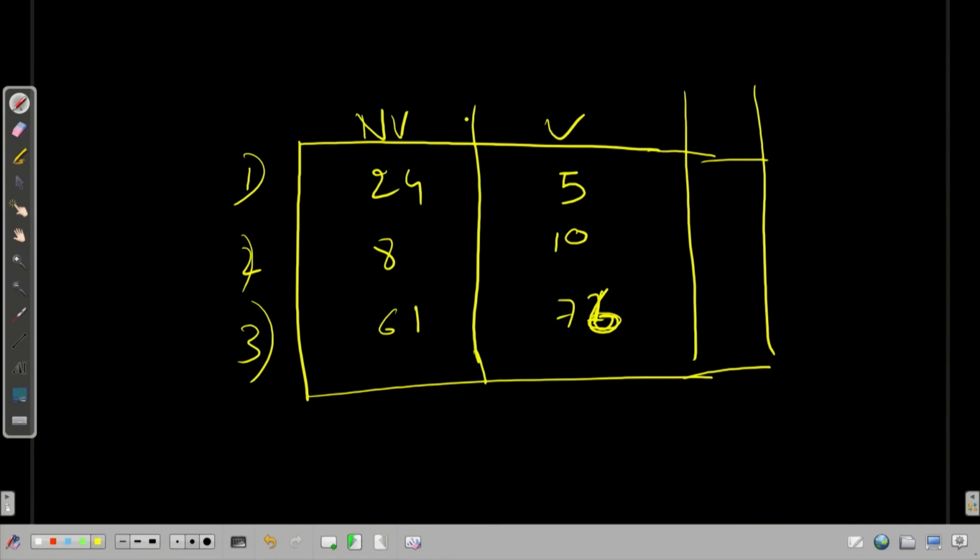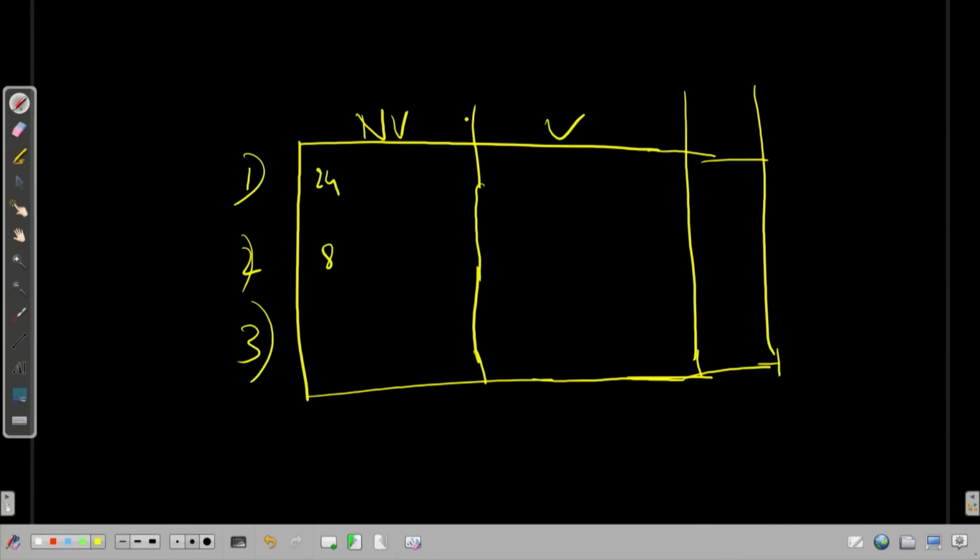This is our observed value. First, I will write the observed values: 24, then 8, then 61, and here 5, then 10, then 76.